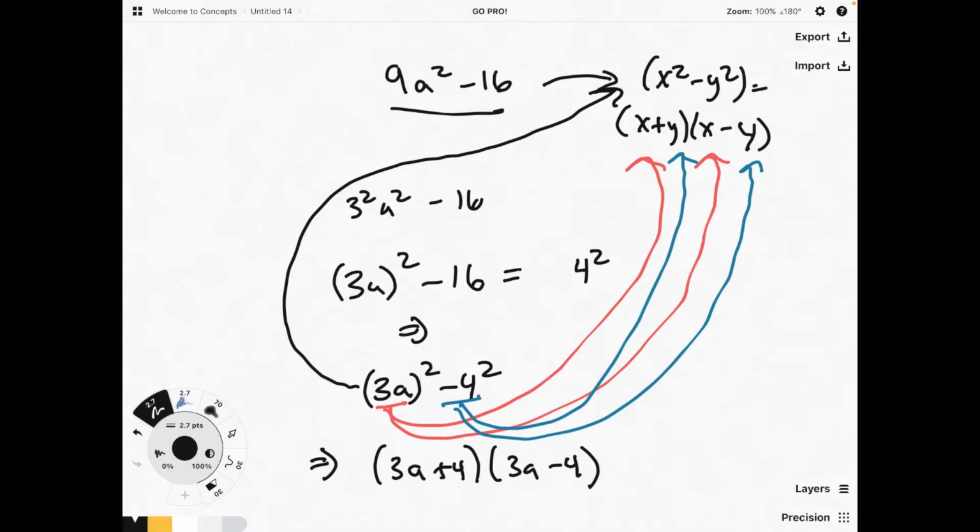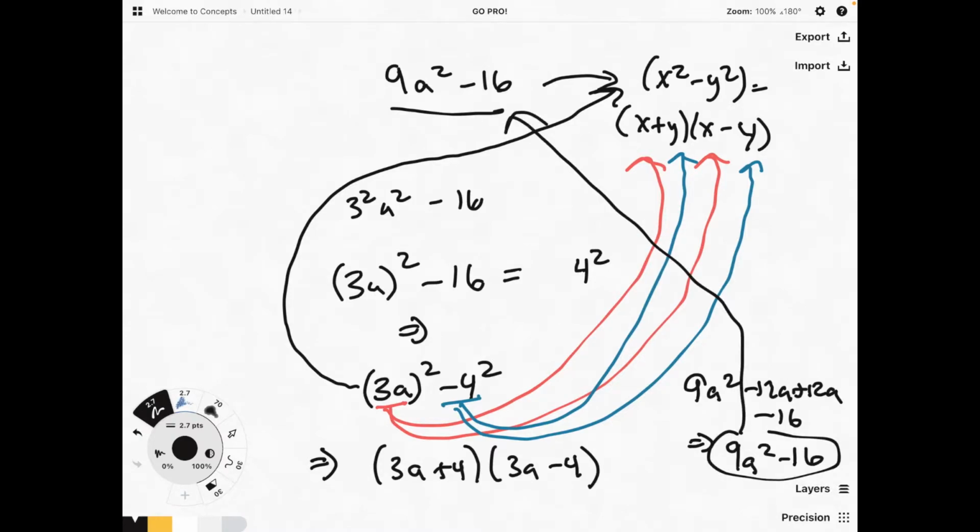Now, if we wanted to check our answer just to make sure that we have the exact same problem, we can multiply these together, and we're going to get 9a squared minus 12a plus 12a minus 16, and that reduces down to 9a squared minus 16, and that matches our original equation, and that means that this answer is correct.